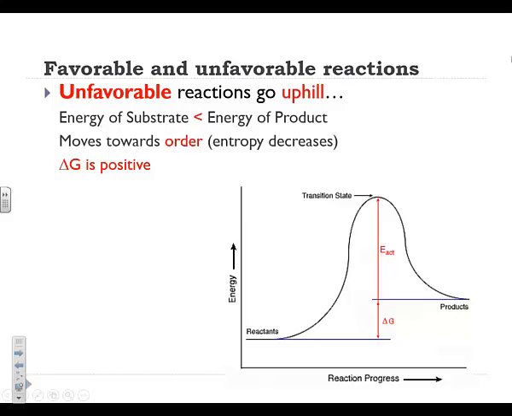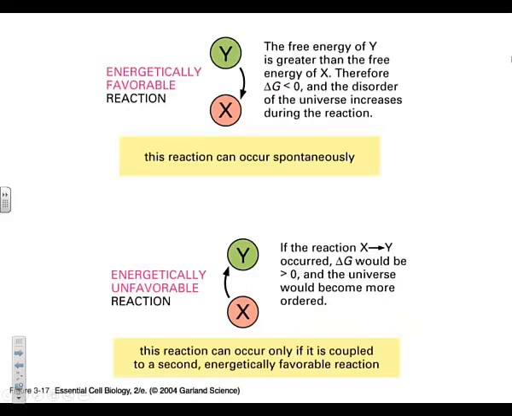So by using that energy currency of the cell to couple it to unfavorable reactions in the cell, the biosynthesis of proteins, for example, any of those unfavorable reactions will be able to occur by coupling them. And that's because the energetically favorable reactions can occur spontaneously.